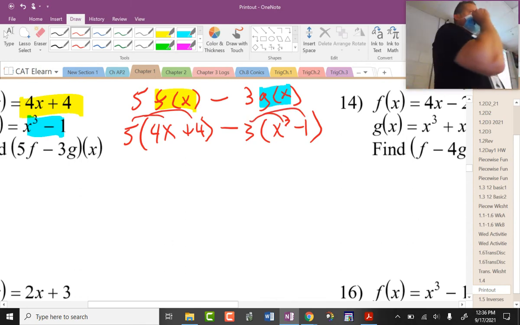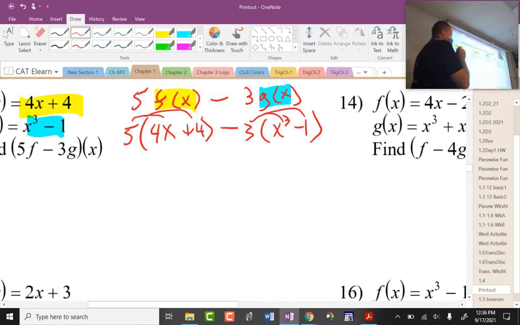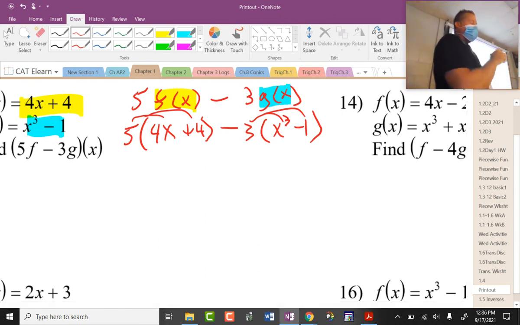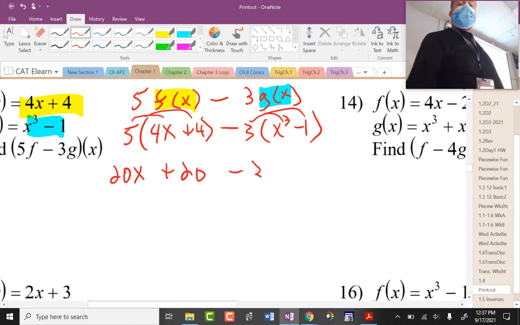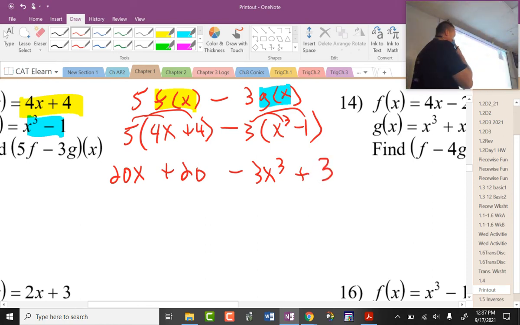I have my Math 2 students write PEMDAS on their paper. You certainly have to multiply before you subtract. All right, so I certainly have to distribute the 5. I certainly have to distribute the minus 3. That becomes plus 3. So take note of that plus 3 there.